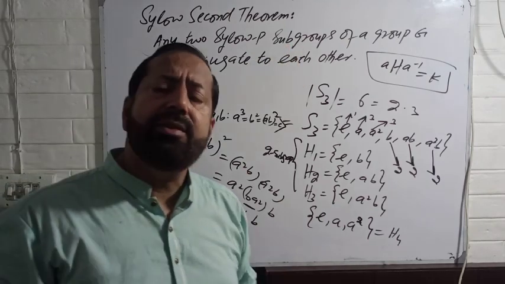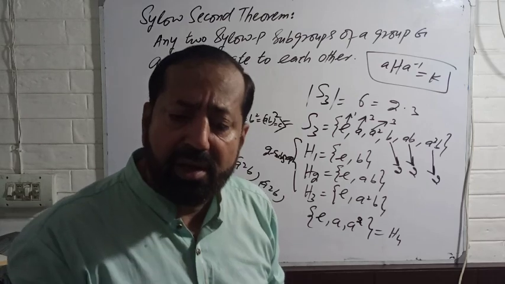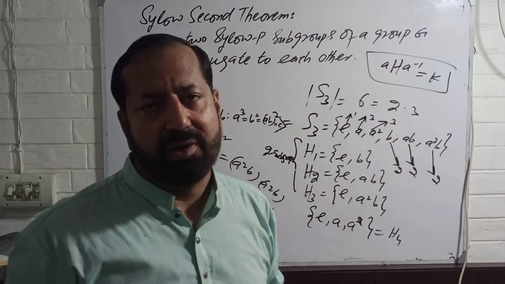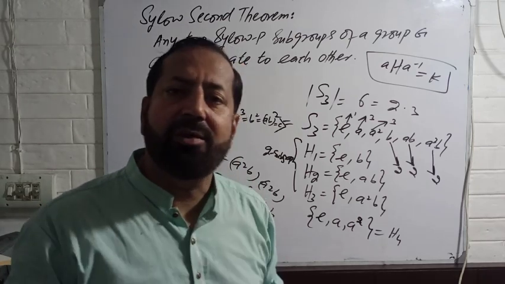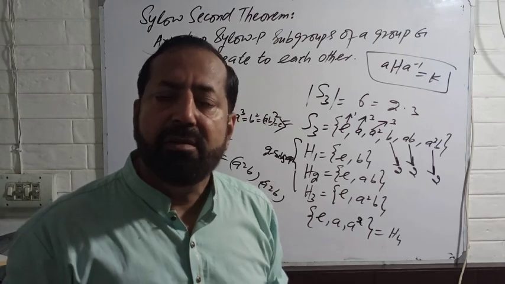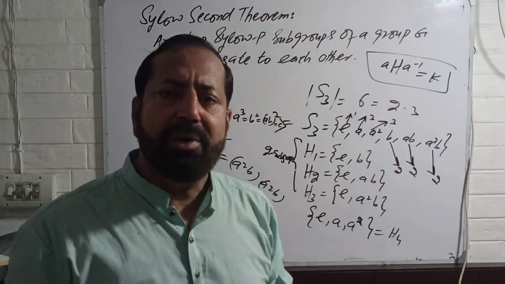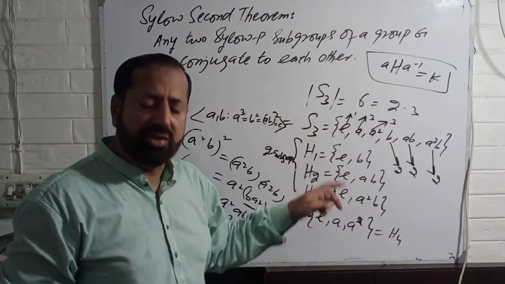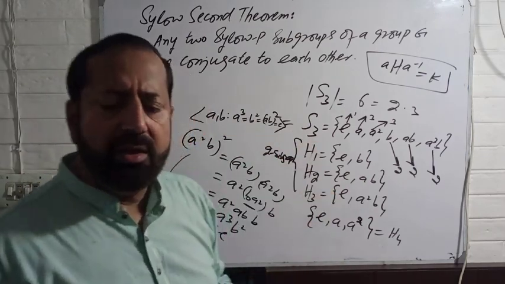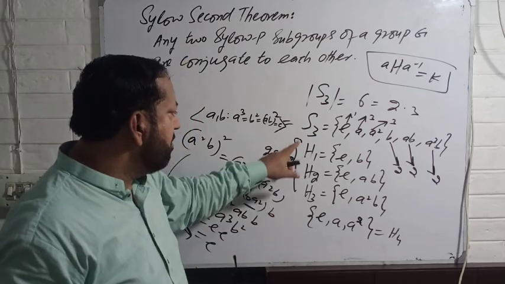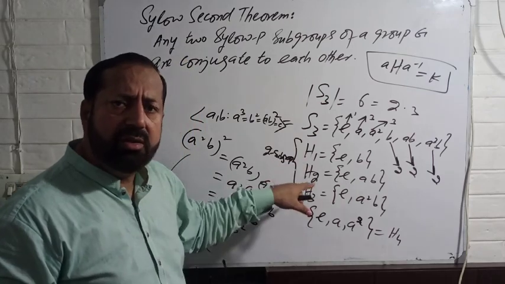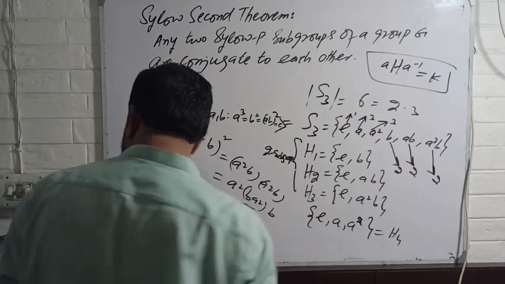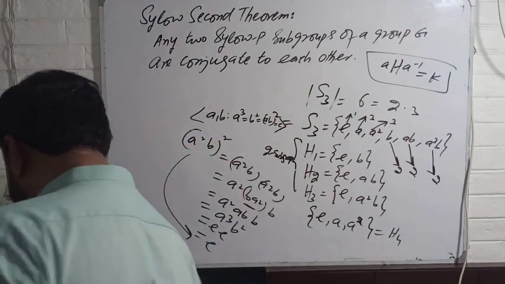This means that a group G can have more than one Sylow P subgroup, but according to this theorem, they must be conjugate to each other. So let's try to identify whether these are conjugate to each other. We can see easily.